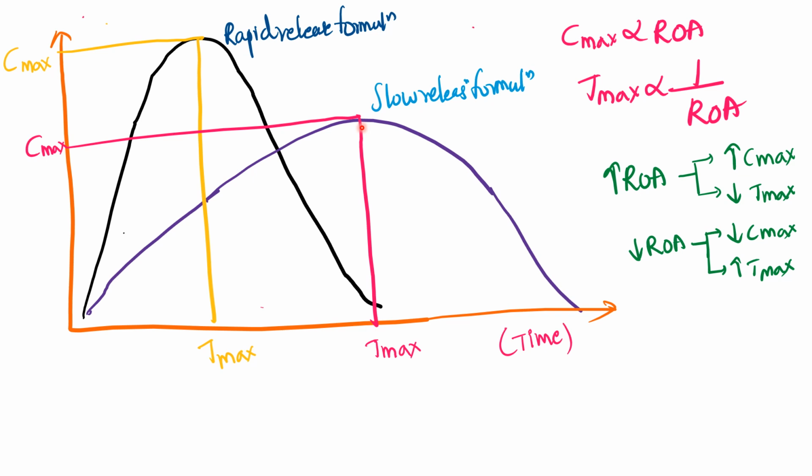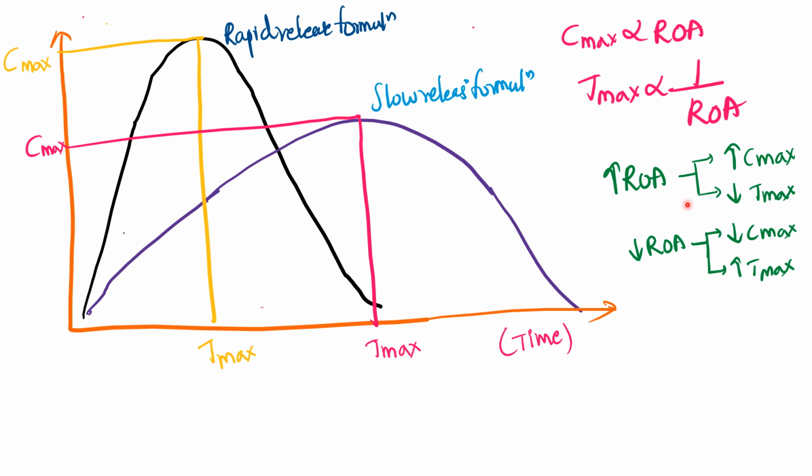Then we can say that Cmax is high for the rapid release formulation when compared to the slow release formulation. Tmax is higher for the slow release formulation.